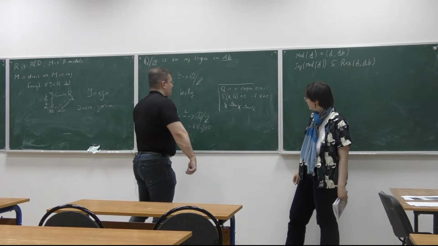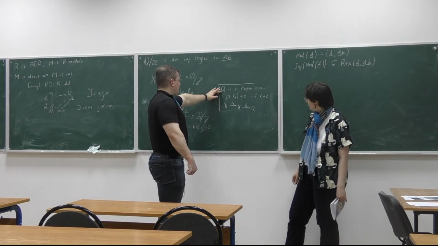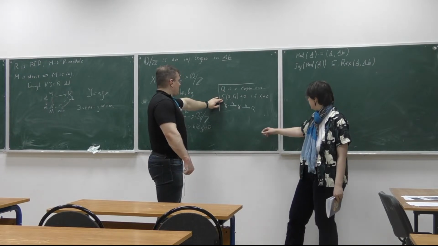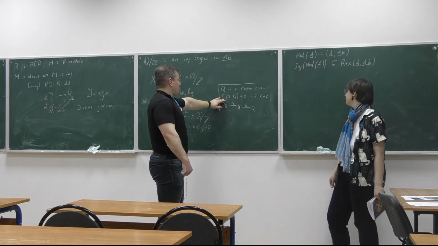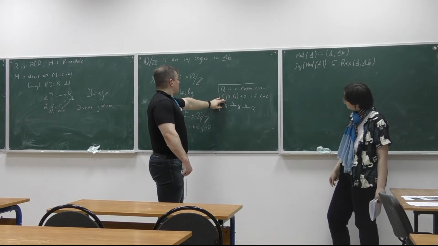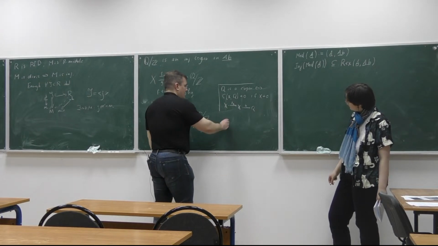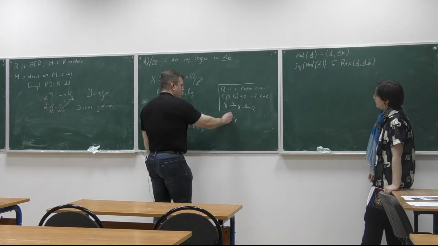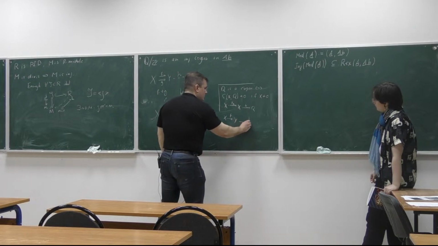What you want to show is, well, if this is a cogenerator, then we have this, right? If we have this, then this is a cogenerator. You want to take any non-zero map, right? And we want to show that there is a map to the cogenerator.